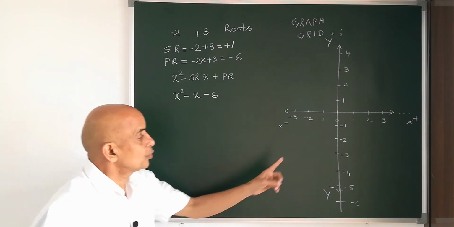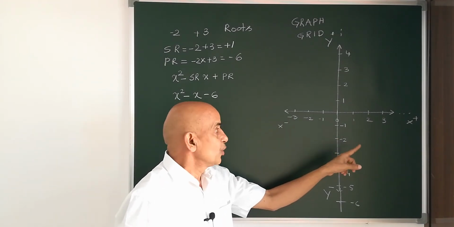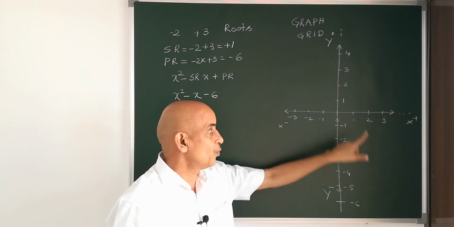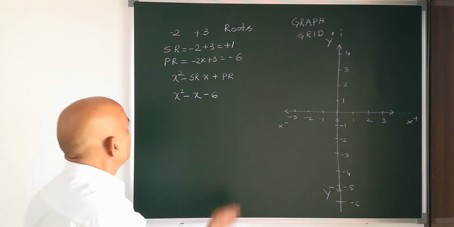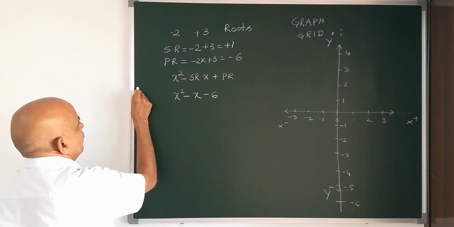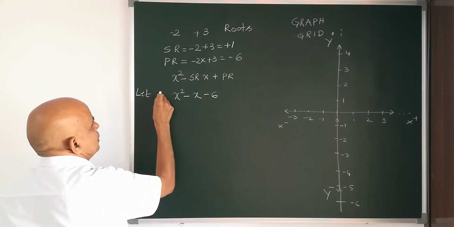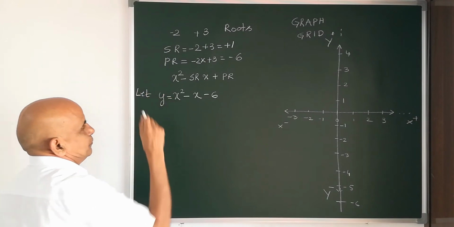To plot this on a graph paper, we need two coordinates, one x coordinate, another y coordinate. So we will suppose this quadratic expression is equal to y.